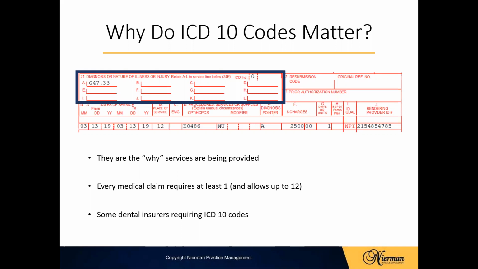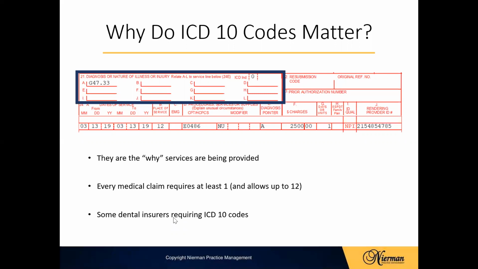We've got a nice little example on the slide here of a sleep apnea appliance where the patient has been diagnosed with the code G47.33, and that stands for obstructive sleep apnea. So that's the why we're doing the services. The patient is diagnosed with this condition.